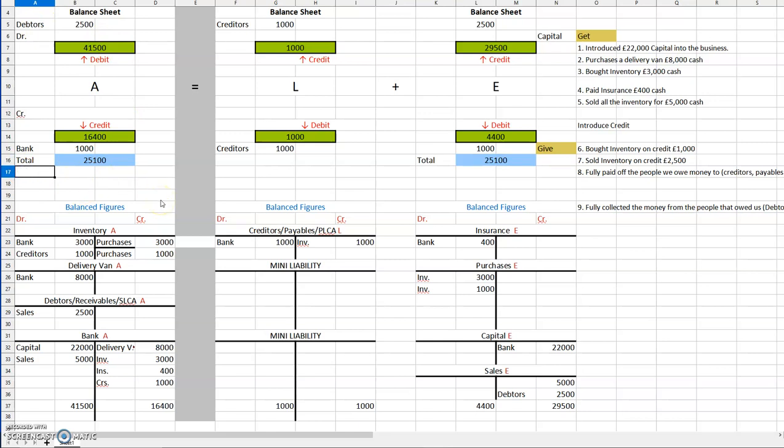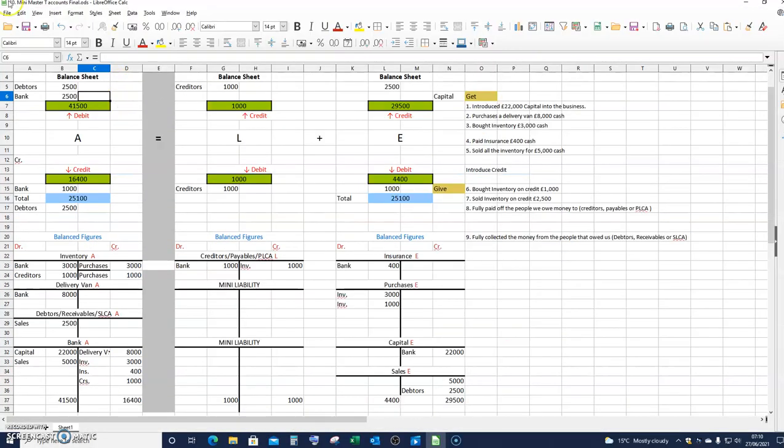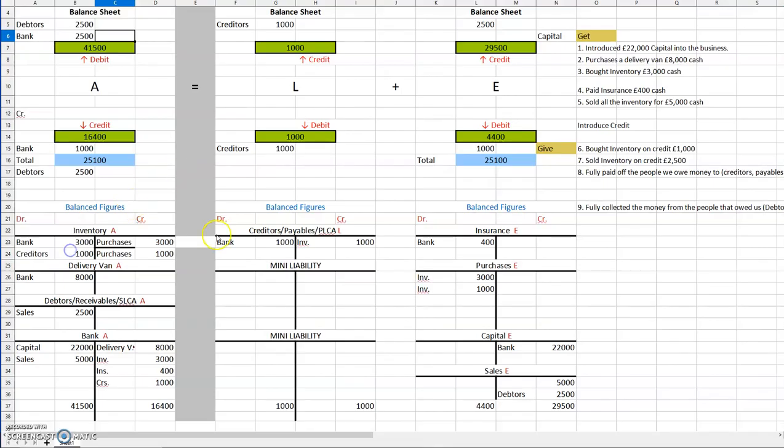Okay, so your debtors or your sales ledger control or your receivables go down, and your bank, I'm going to kind of cheat a bit and put that there, so your bank goes up.